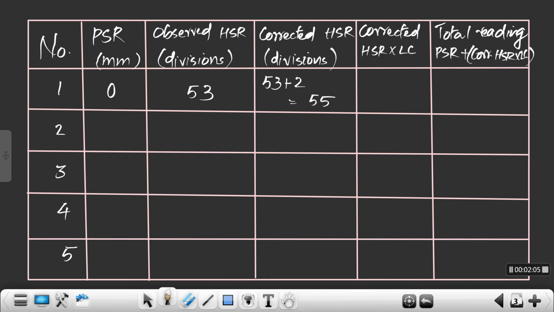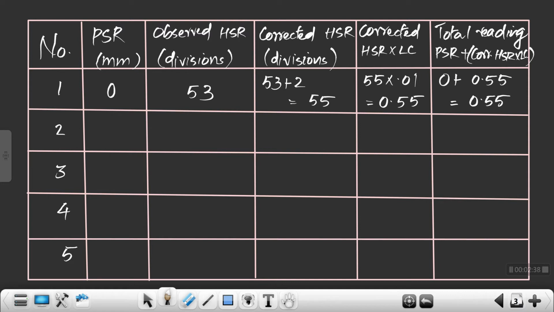Now we have to find out the corrected HSR into LC, that means 55 into 0.01, that is equal to 0.55. Now total reading by screw gauge is PSR plus corrected HSR into LC. PSR is 0 plus corrected HSR into LC is 0.55. So that is equal to 0.55 itself.